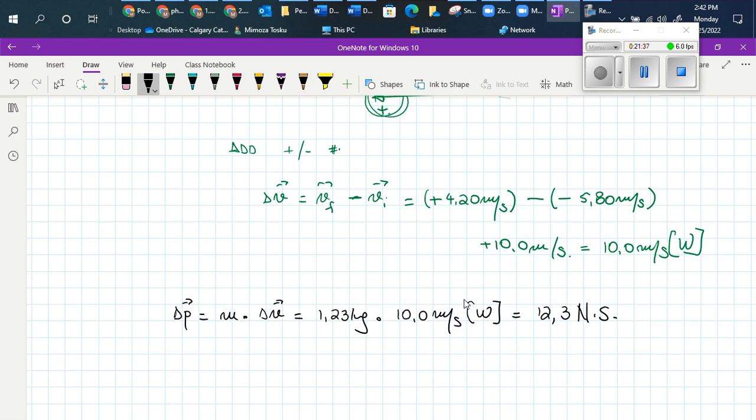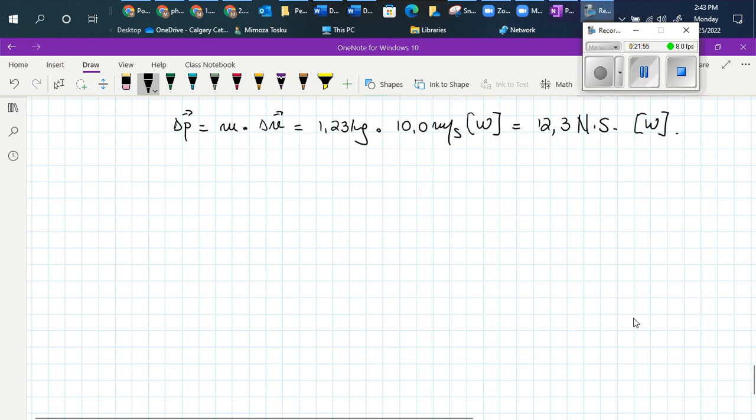I change it now into newtons times seconds, even though newtons times seconds and kilogram meters per second are the same thing, going west. And this will be the change of momentum or the impulse.